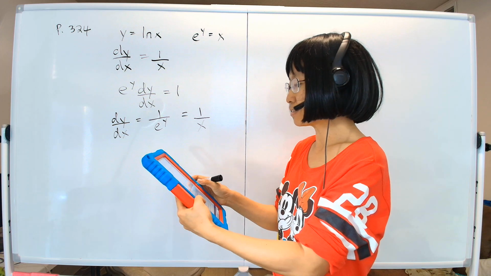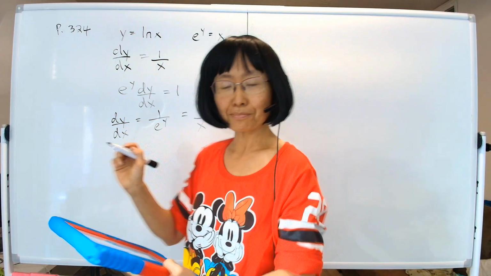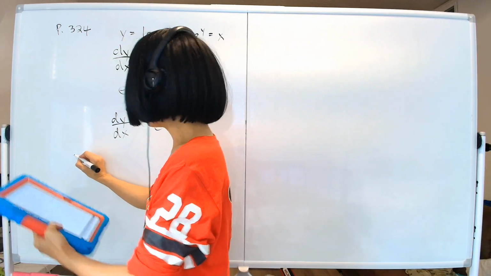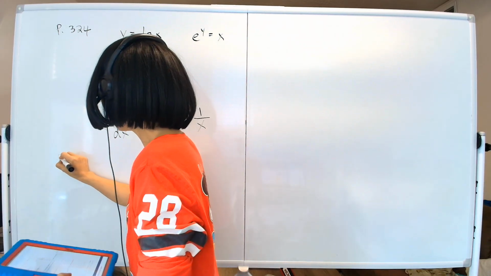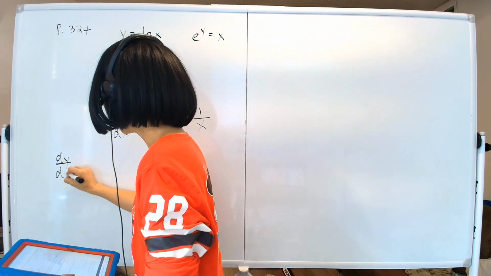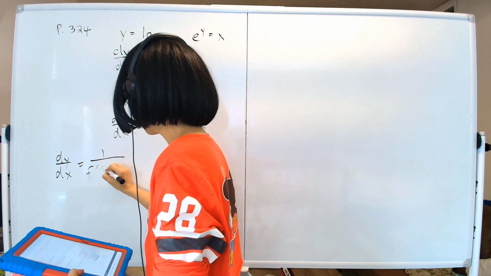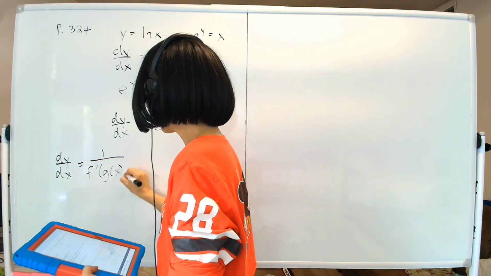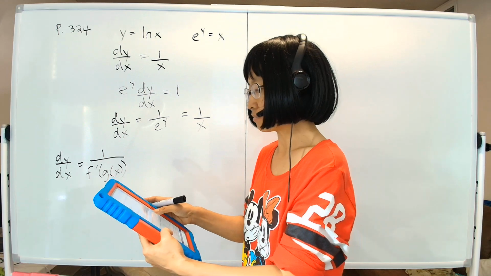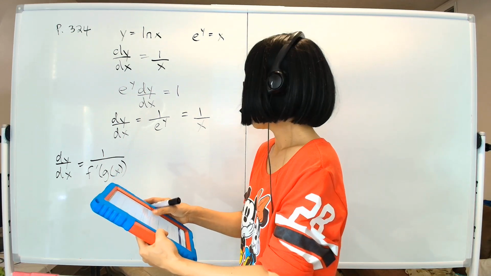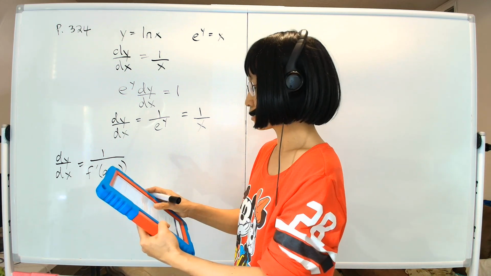To remember what the inverse function theorem states: if f and g are inverses of each other, then dy/dx equals the inverse function formula, 1 over f prime of g of x, where g of x equals y.